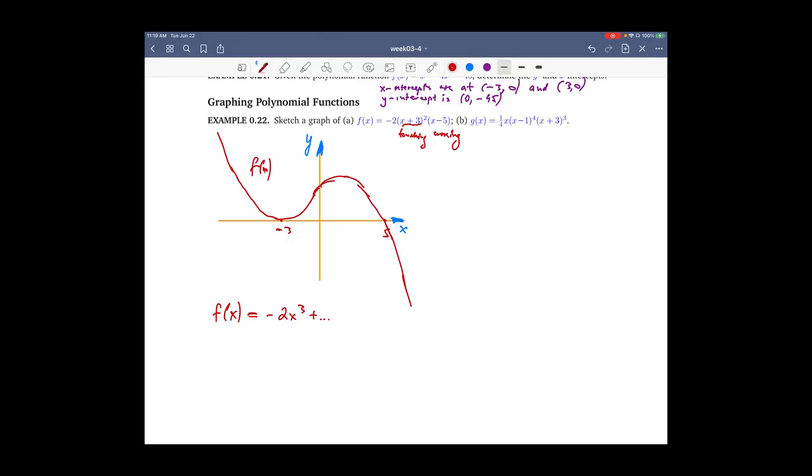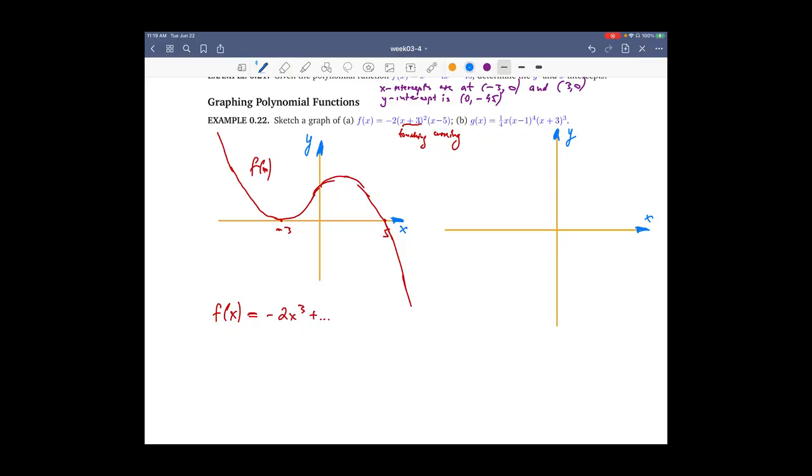Okay. Now, how about the graph of g? Again, we need to identify the roots.